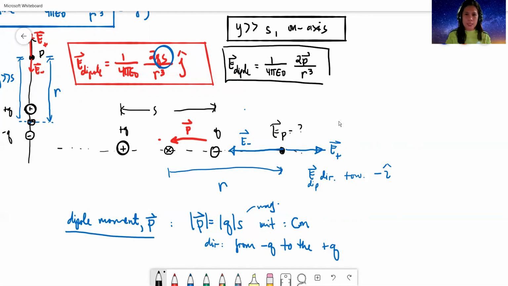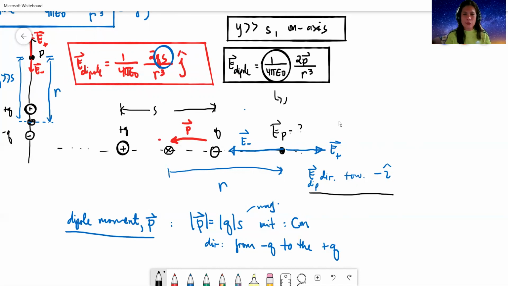Whatever is the direction of the electric field, that is also the direction of the dipole moment. Kung titingnan nyo dito, the electric field is towards negative x, so si dipole moment papunta din doon sa negative x. So that's one thing. And then, of course, itong 1 over 4 pi, we can also replace this with k.